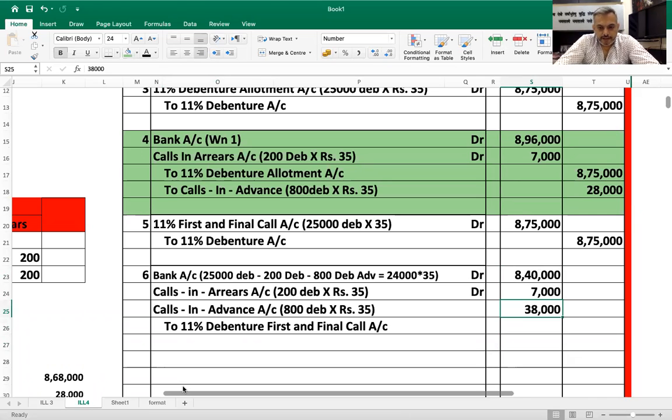I think there's a mistake. It is 800 into 35. Calculation error. So 28,000. So let's cross verify. 8,75,000. Close it.